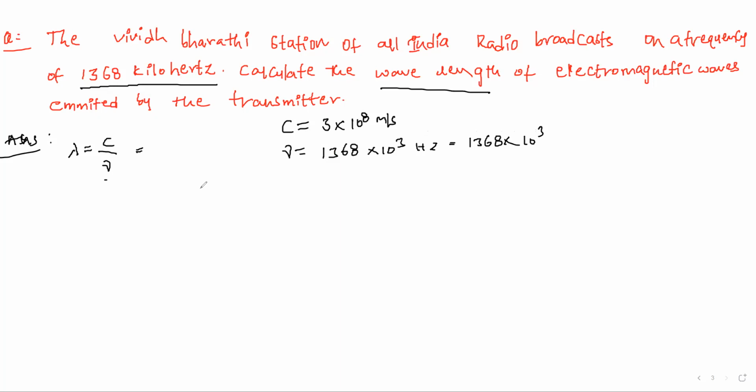Now substitute these values here. Lambda equals 3 into 10 to the power of 8 by 1368 into 10 to the power of 3 per second. This is meter per second.